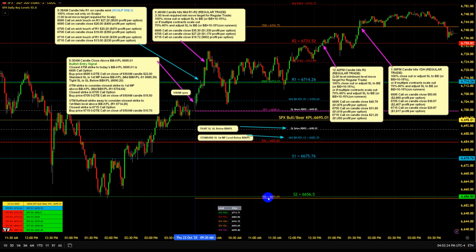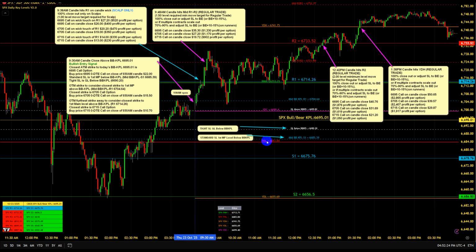Now these levels are also considered key levels that can be especially important when you see them in confluence with other levels, such as you see here in today's session with the PMH at the R1 level, and you also have the YDC at the QL above BBKPL.